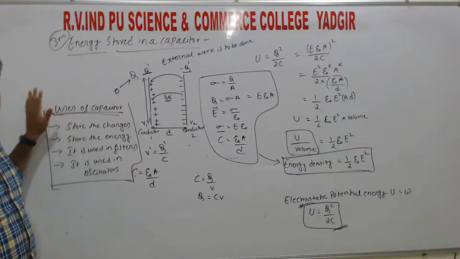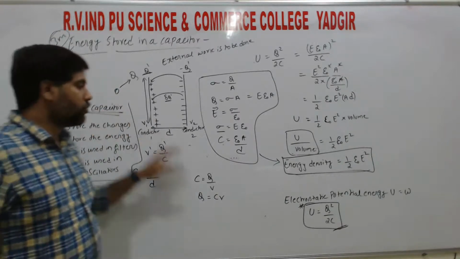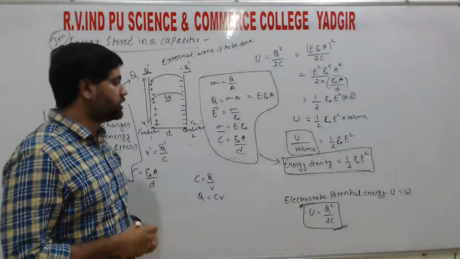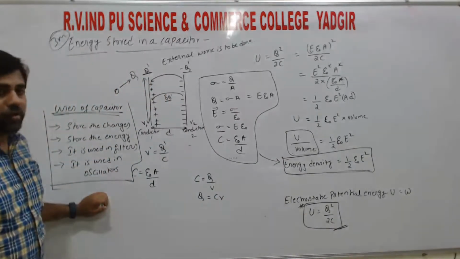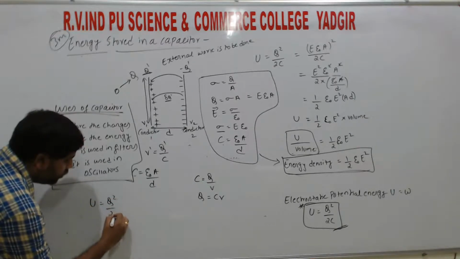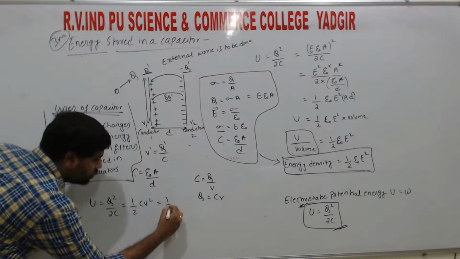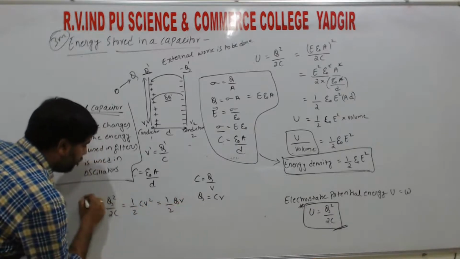So this is about the energy stored in capacitors. So very important for 3 marks. So the final relation, we have energy stored U is equal to 3 relations. U is equal to Q square by 2C, that is equal to half CV square, that is equal to half Q into V. Right?